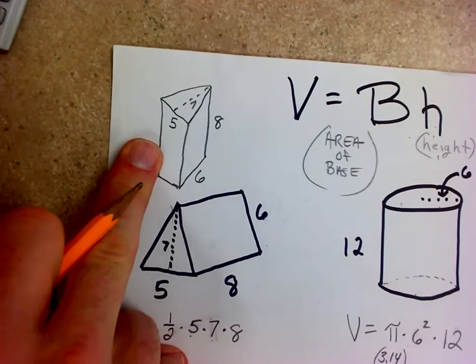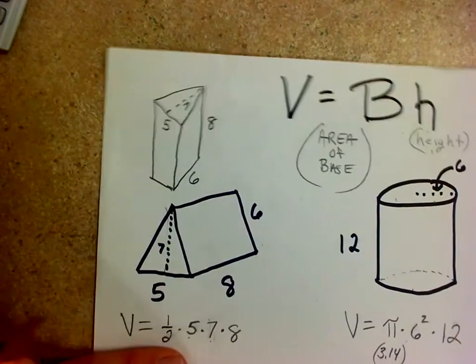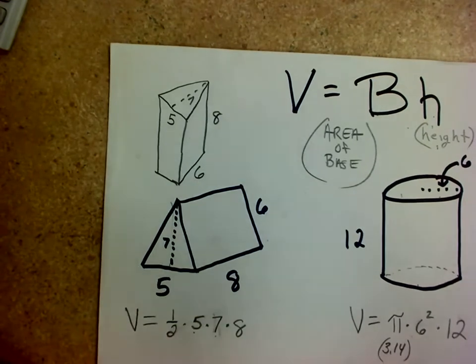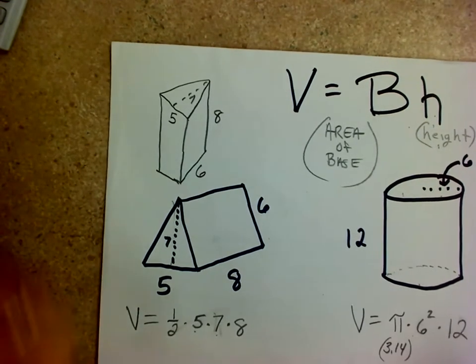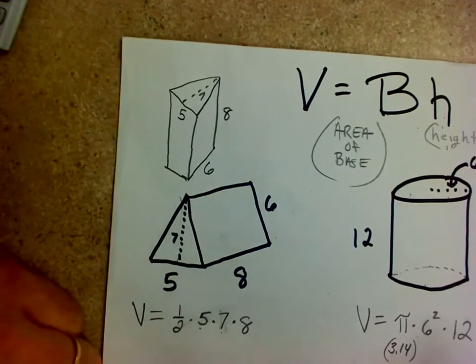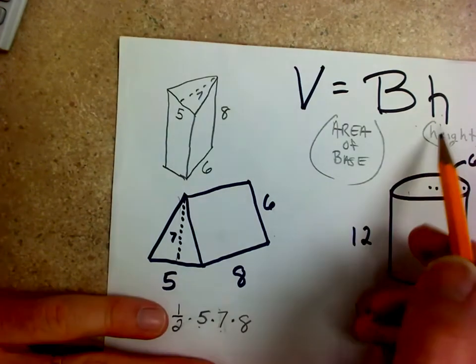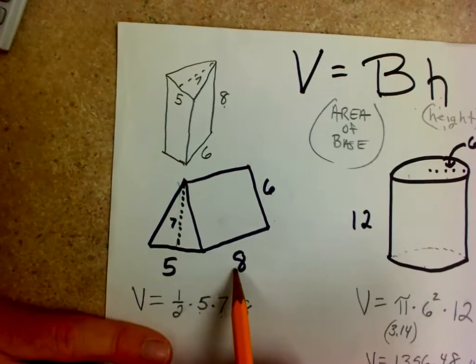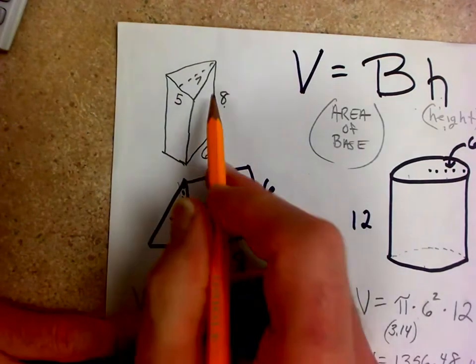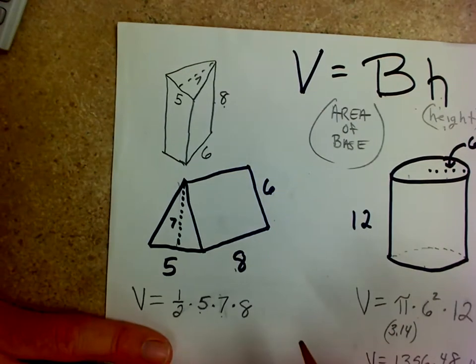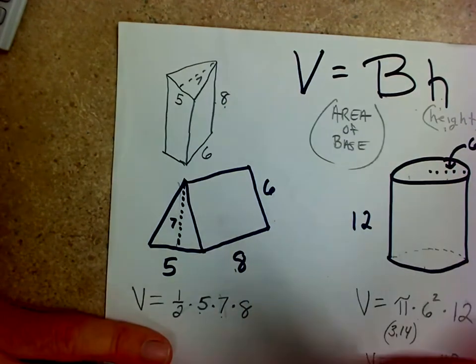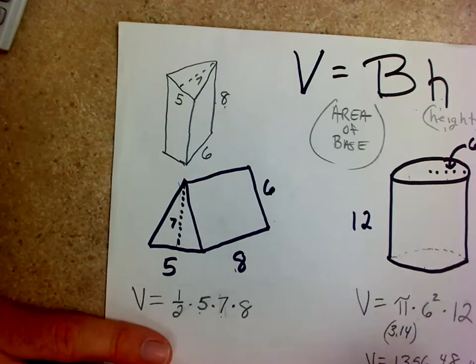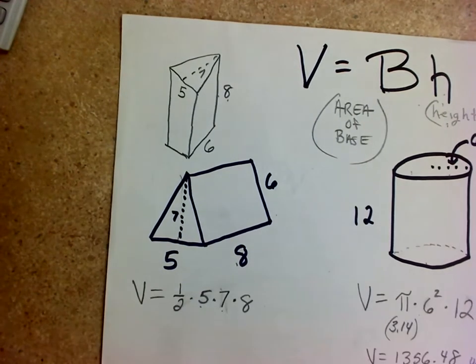This one's just drawn vertically, this one's drawn horizontally. We don't want to change how we look at the volume. This is going to hold just as much as this one would. When we define our height, here it looks like a height of 8. Here it may not look like that, but this is still the same height as if it was standing up. Maybe it helps you to visualize the tent standing up. But that's our height.